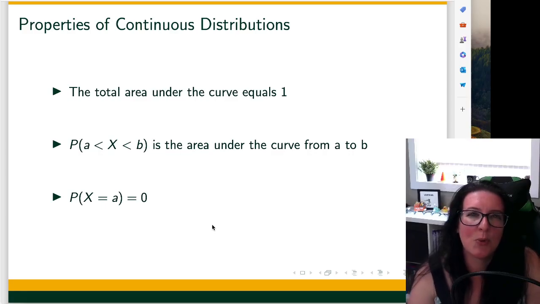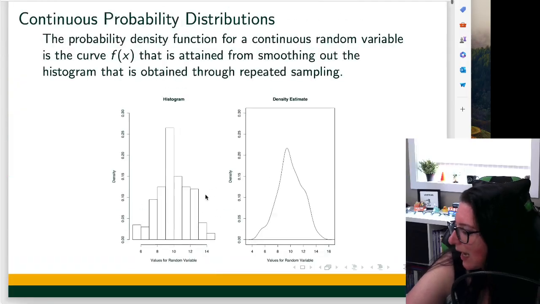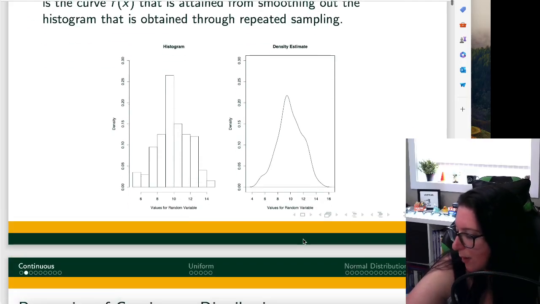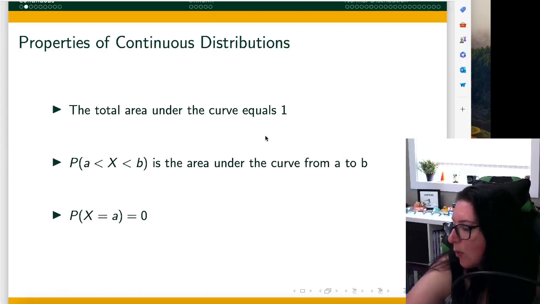The same thing is true with this continuous distribution. We're representing that as a smooth curve, but it's showing the events of some numbers between 14 and 16, and here's the probability of 6 to 8. And so the area under this curve is all the possible outcomes and their probabilities, so it must equal 1.